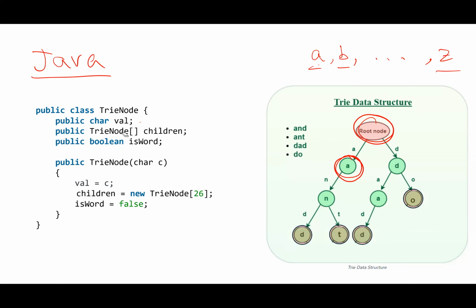But for today's discussion we are assuming that all the strings that we want to store in this trie data structure are made up of small case characters. So each node will have a value, and it may have 26 children, and also a flag to say whether this is the end of the word or not.